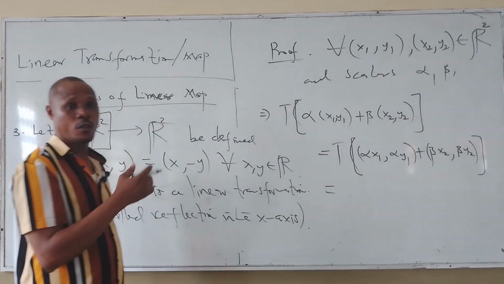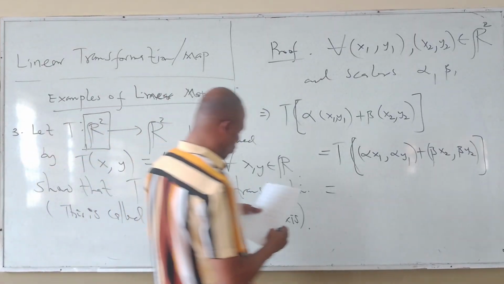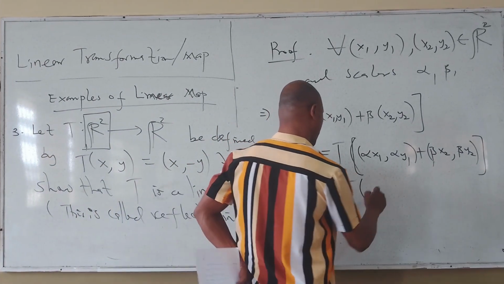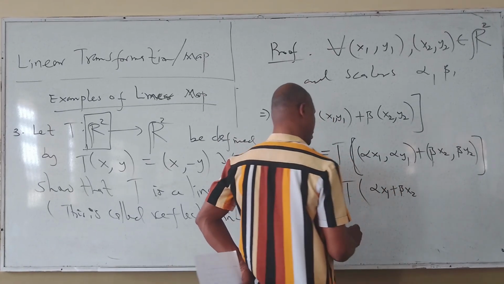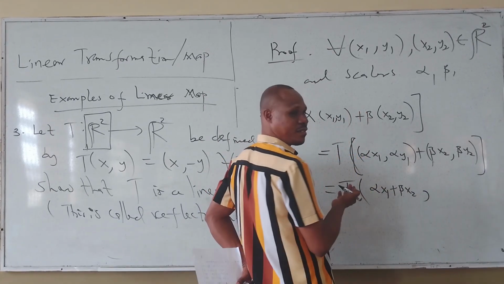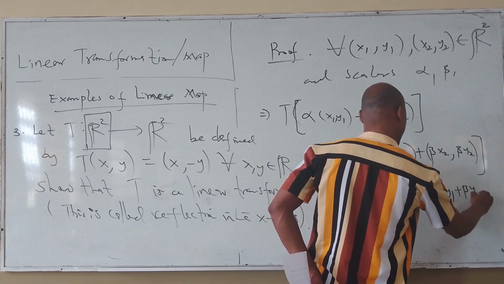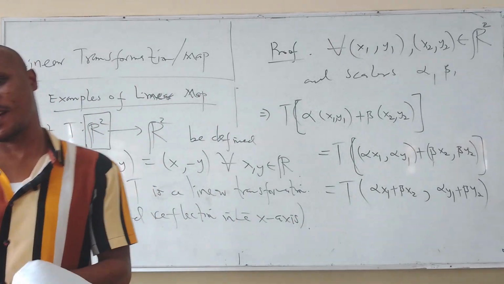That's true. Next, you put the x aside and the y aside. So this one will be T of alpha x1 plus beta x2, comma, alpha y1 plus beta y2. So now you have separated them, the x aside, y aside.